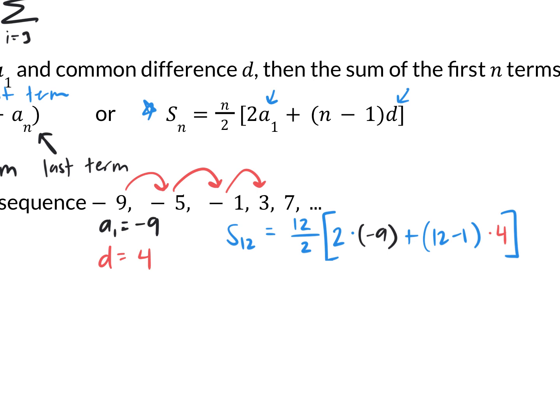Now, if you wrote that down, from here you could just plug the rest of that into our calculator, unless you wanted to simplify it a little bit by hand first. I would just plug this straight into your calculator, and you should end up getting that your summation for the first 12 is equal to, let's see, I got 156.